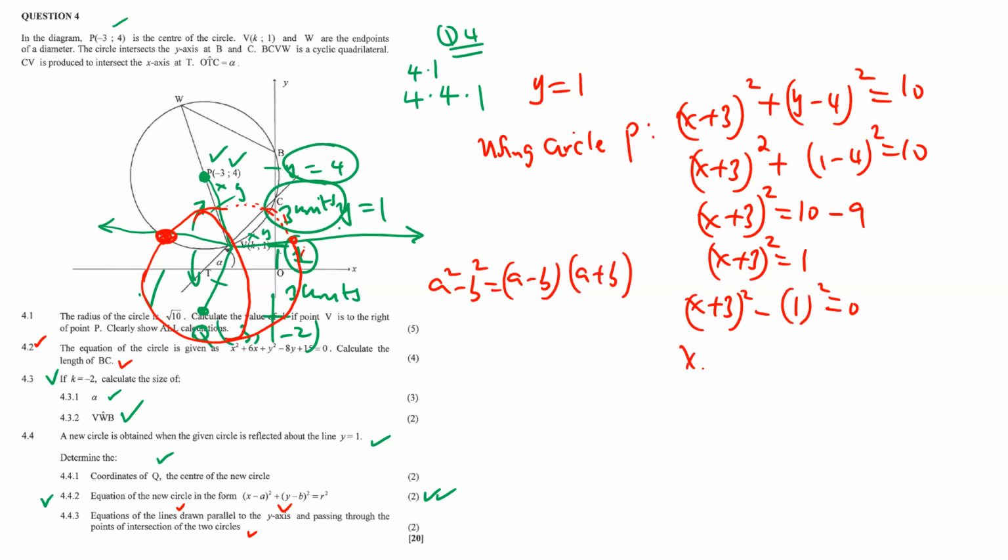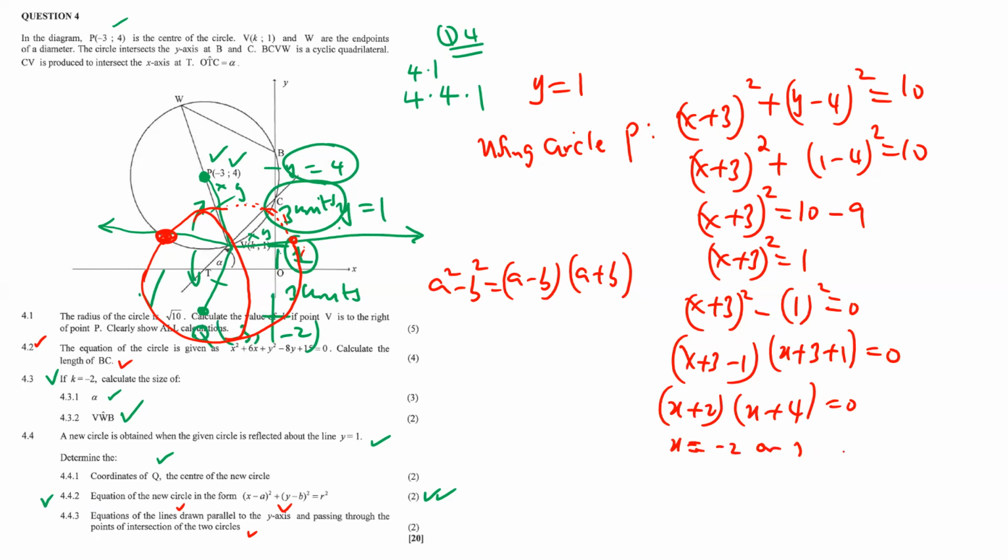So (x + 3 - 1)(x + 3 + 1) equals 0. So (x + 2)(x + 4) equals 0, so x equals minus 2 or x equals minus 4. Okay, so those are the two values.